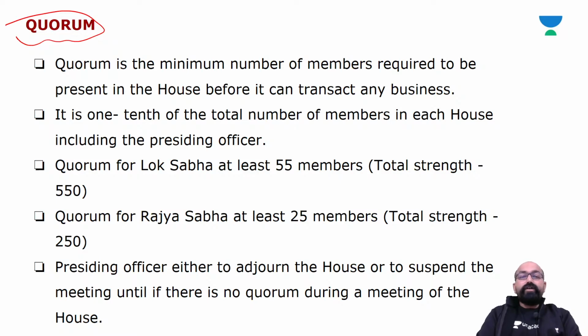So, quorum is the minimum number of members required to be present in the house before it can transact any business. It is 1/10 of the total number of members in each house, including the presiding officer.